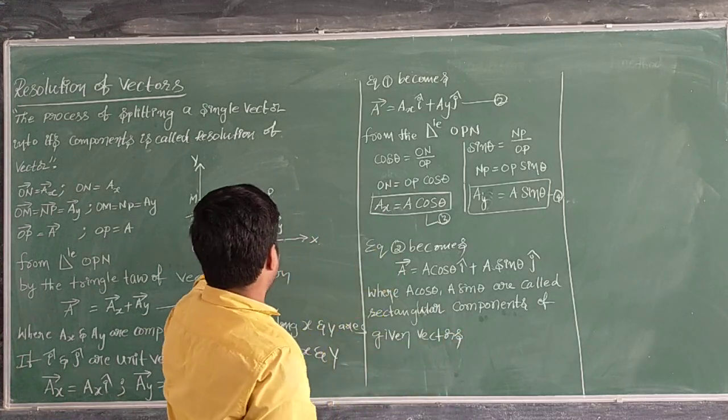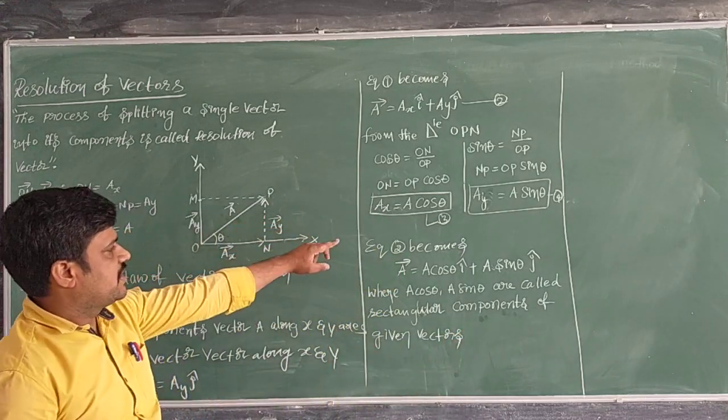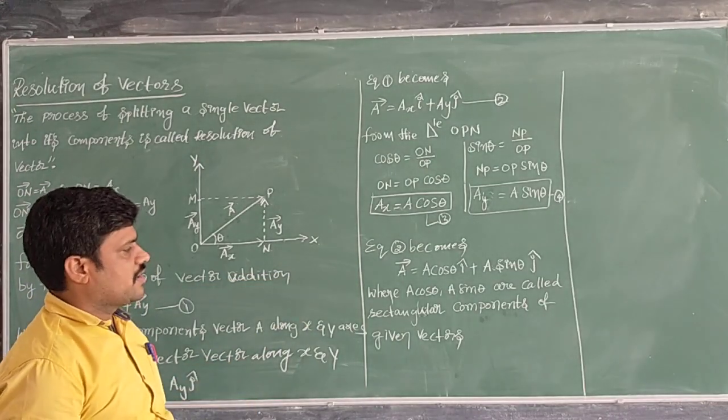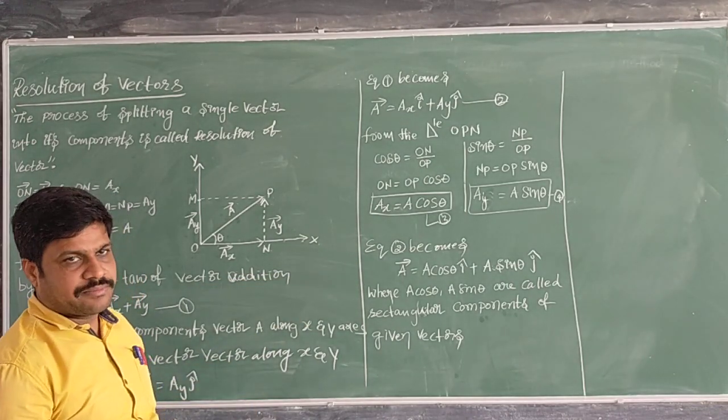The given vector is A bar. For this A bar, A cos theta and A sin theta are the rectangular components.